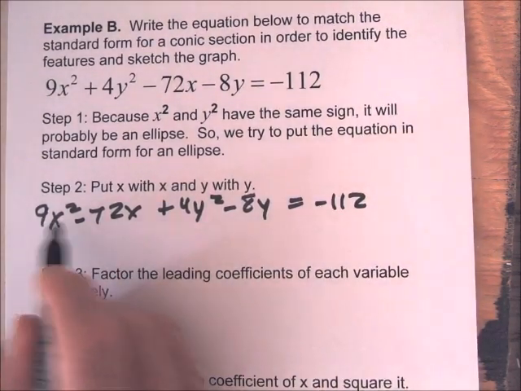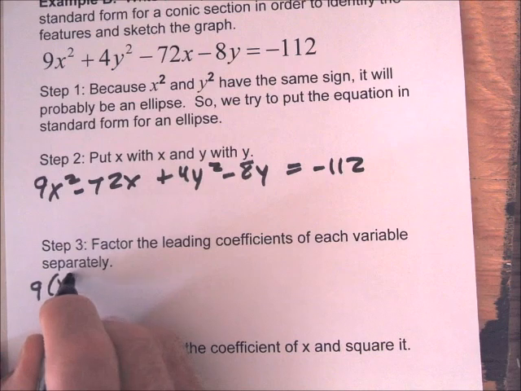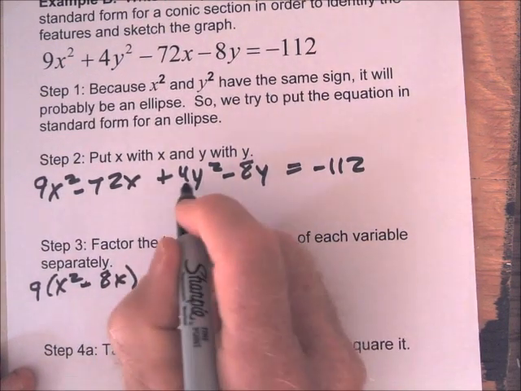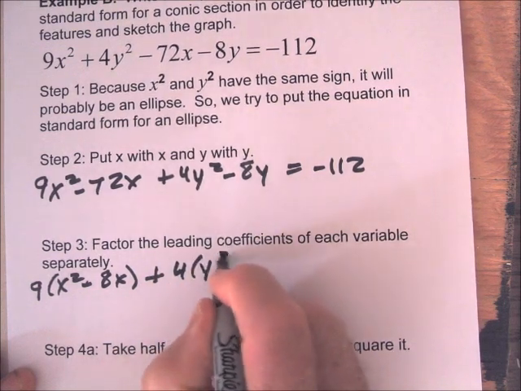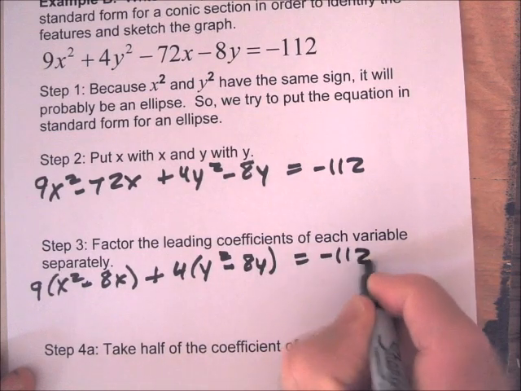In front of the x squared, we have a 9. We want to factor that out. So 9 parentheses x squared minus 8x. And in front of the y squared, we have a 4. I'm going to factor that out. 4 parentheses y squared minus 8y equals -112.